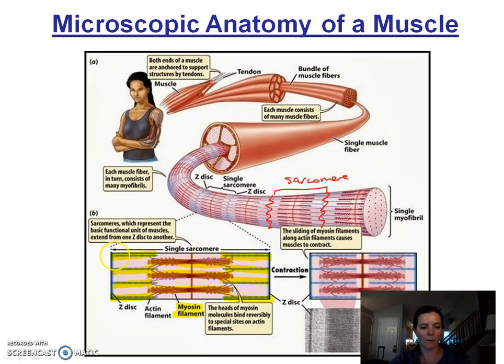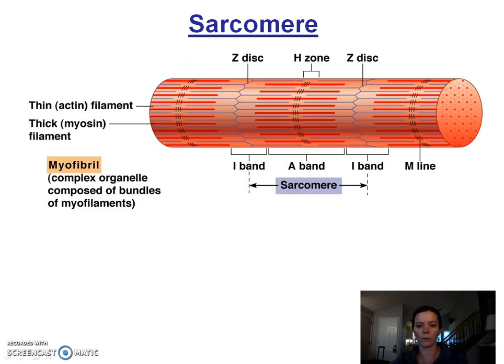Here in this diagram they're drawn as straight lines. In this class we might draw it more like this with that zigzag line to look more like it does here in real life. I'm going to go on to the next slide so we can show you this a little bit better. So here we are again with the Z-disc that makes the border, the edges of that sarcomere. So here's the left-hand border and here's the right-hand border.